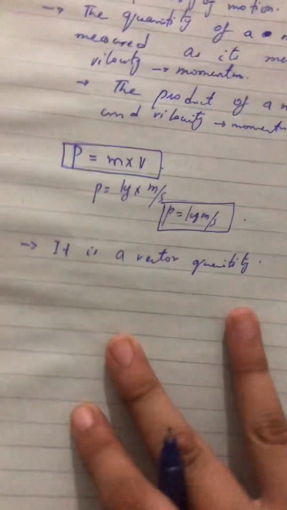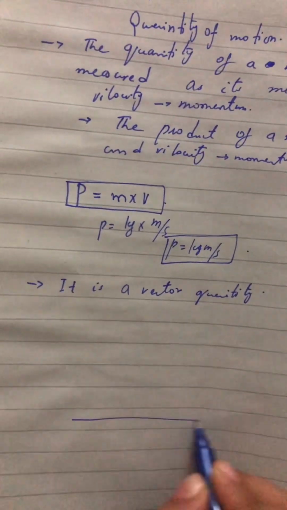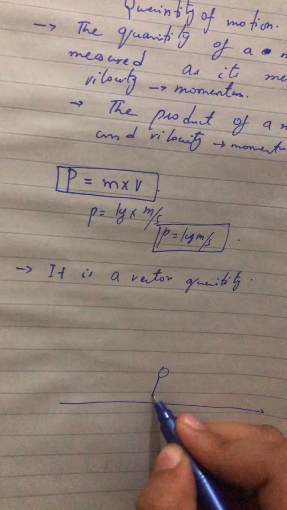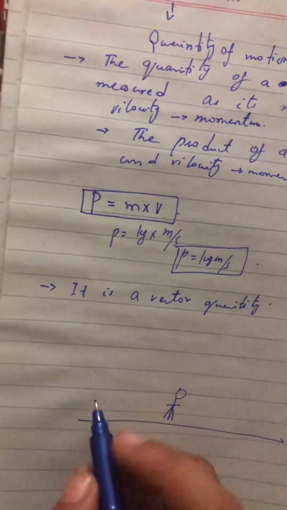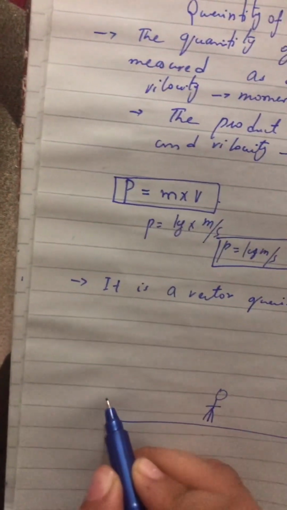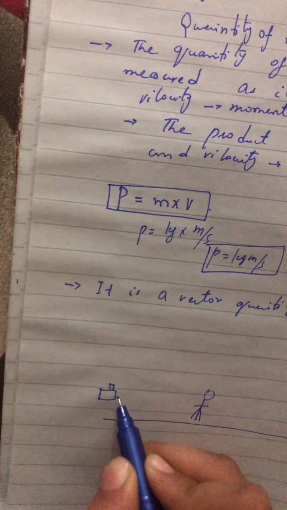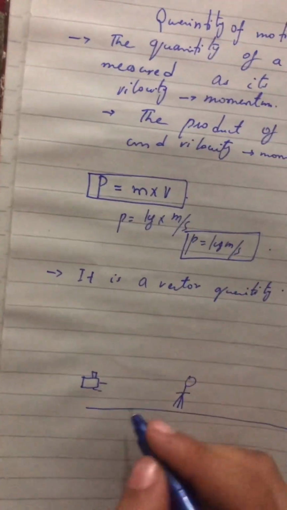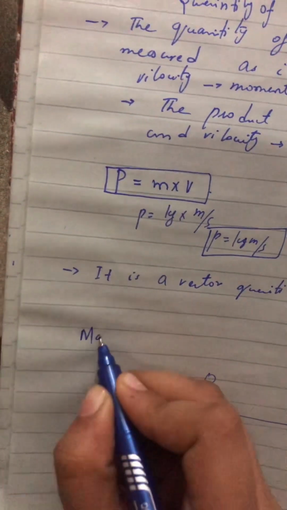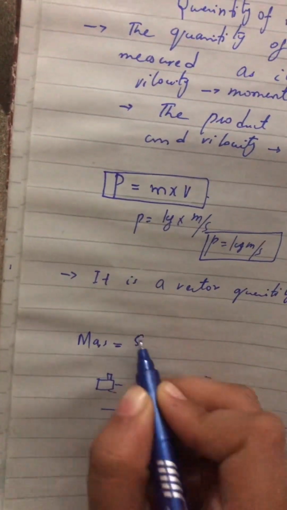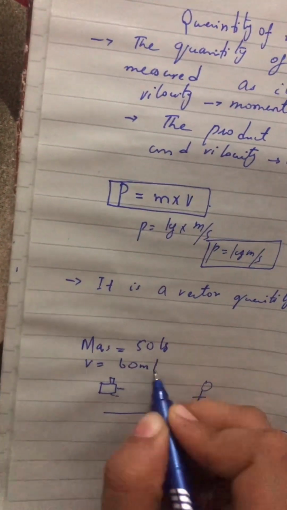Now we are taking an example. Here this is a road, right? And here one person is standing, and from here one bicycle came. The mass of that bicycle was 50 kg, and the velocity of that bicycle was 60 meter per second.